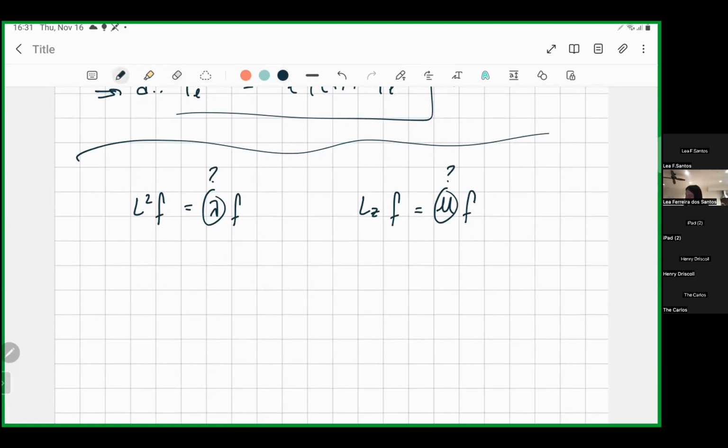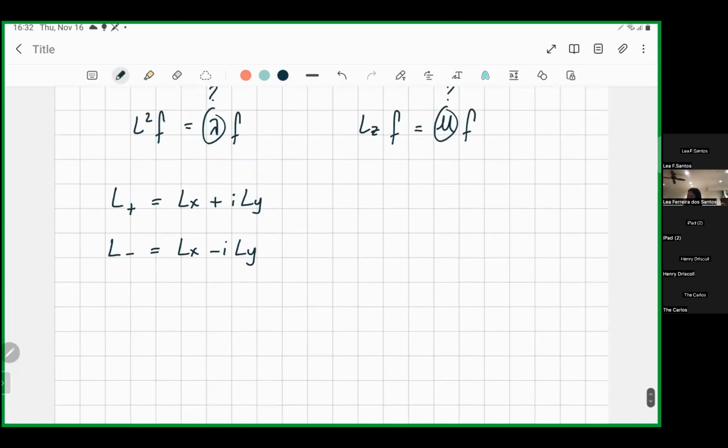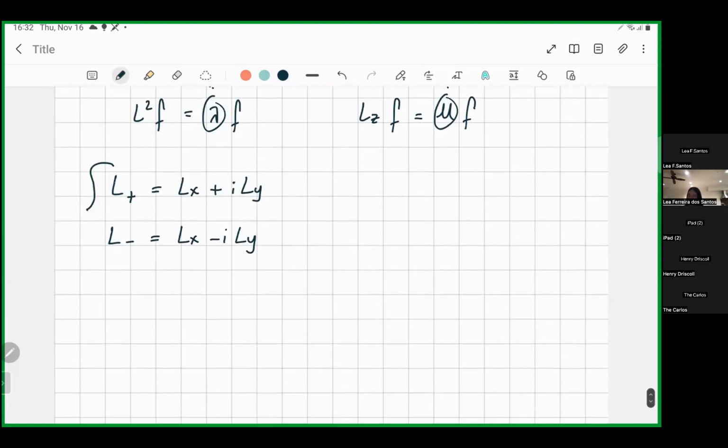I'm going to introduce L plus, which we define as Lx plus i Ly, and L minus will be Lx minus i Ly. You will see that this will be very helpful. At the end, this will be a raising and this will be a lowering kind of operator. So these are what we call ladder operators.